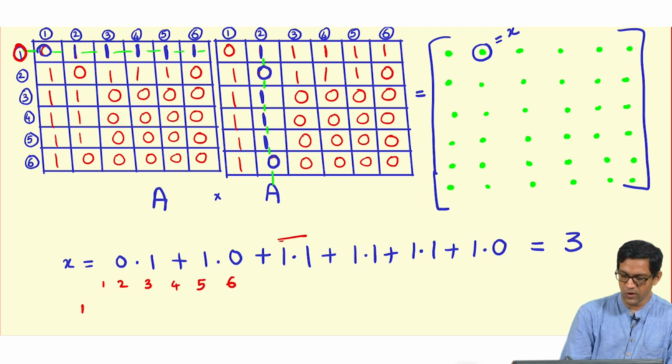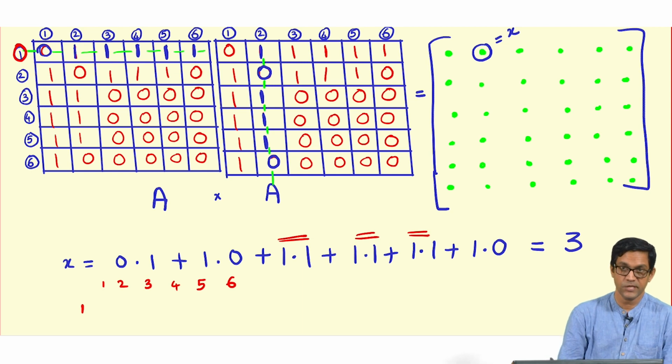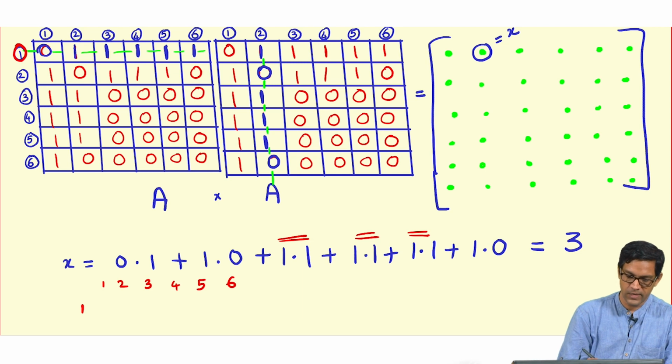There were 3 contributing terms; these are the only 3 which gave me 1s, all the other terms gave me 0. Which of these terms actually gave me a 1? Where did I get ones here?